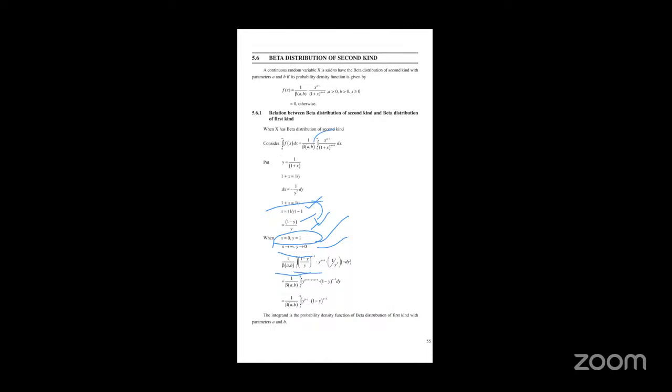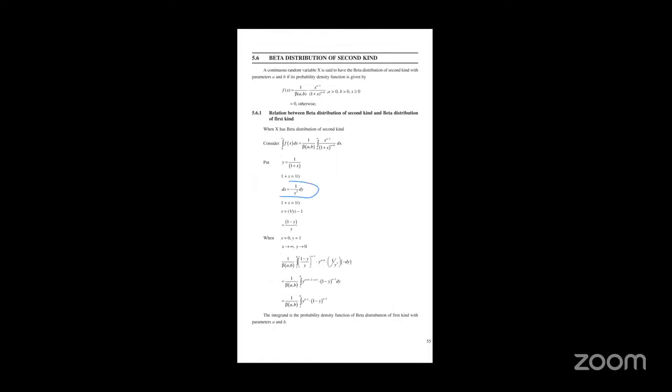So what is the x value we are getting? The x value is 1 minus y by y, power a minus 1. Then 1 by 1 plus x can be y, so y power a plus b comes upward. Again 1 by y square into minus dy.